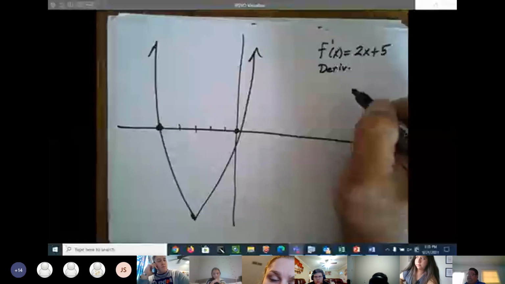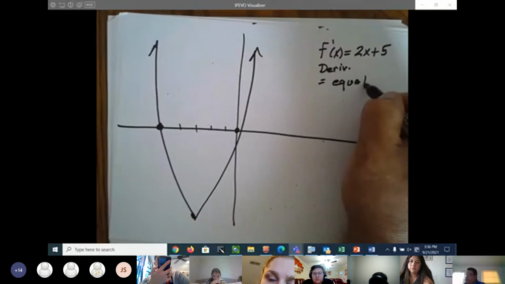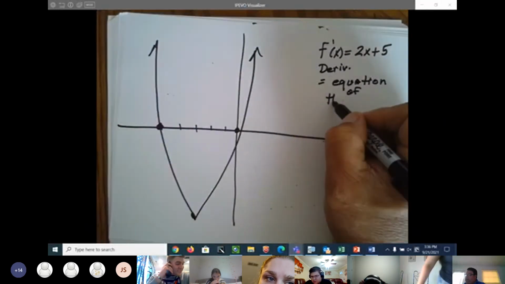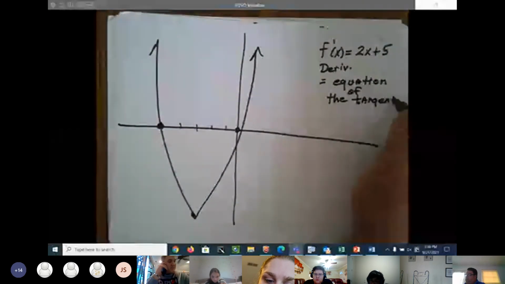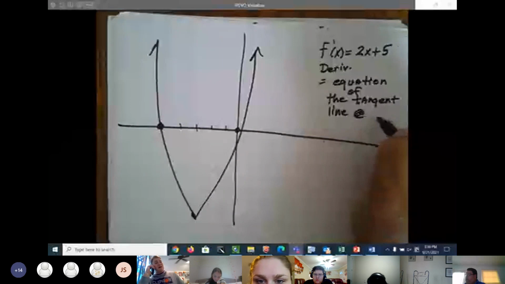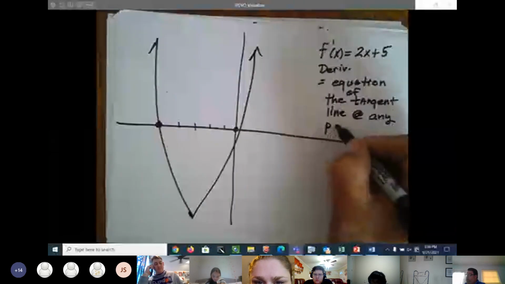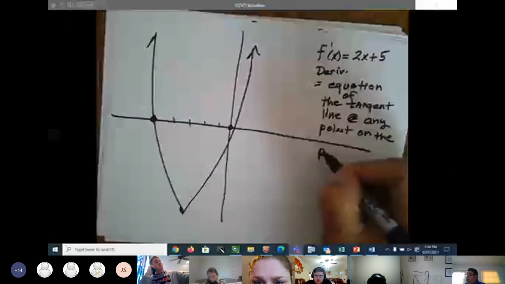The derivative is equal to the equation of the tangent line at any point on the parabola.